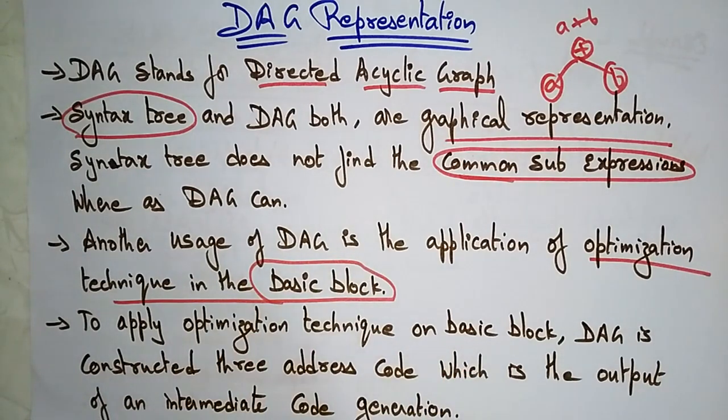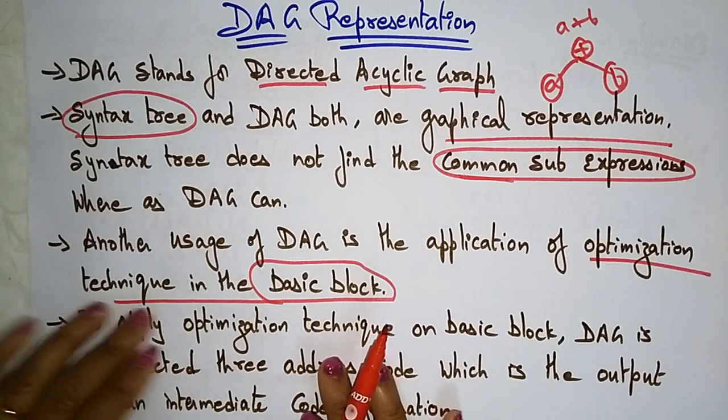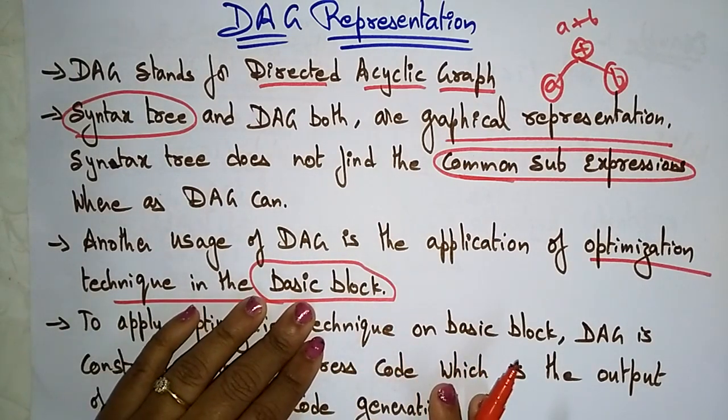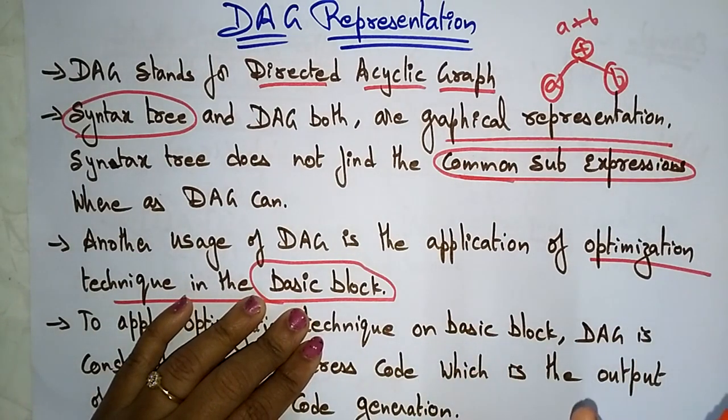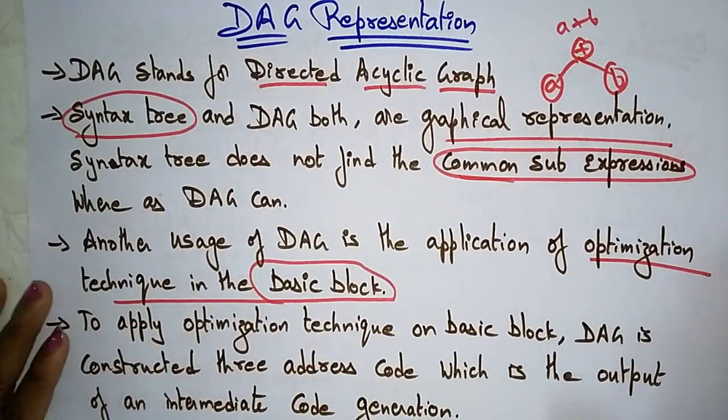Finding the common sub-expression is one thing, and you then have to optimize that graph. So in the basic block, if it has common sub-expressions, the DAG will find them and optimize them.